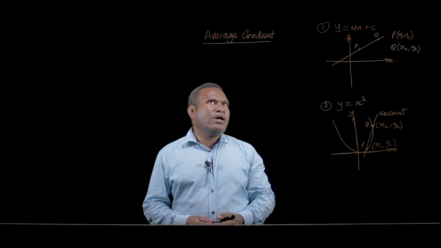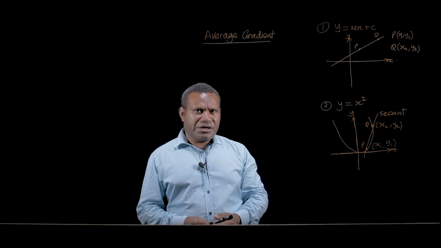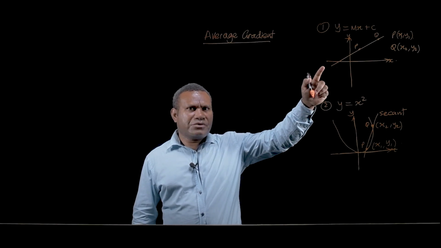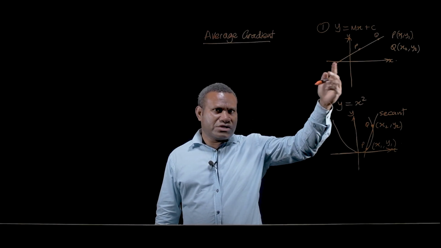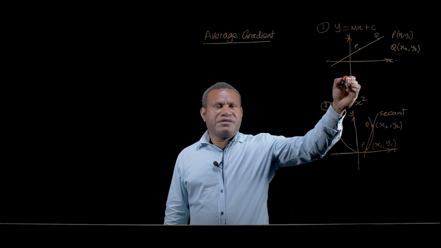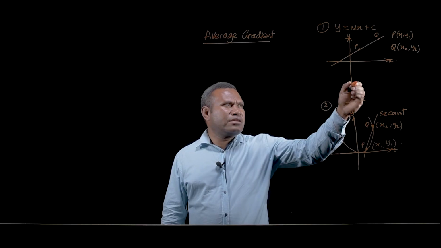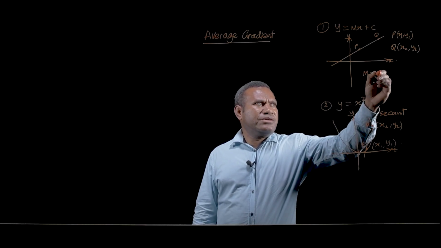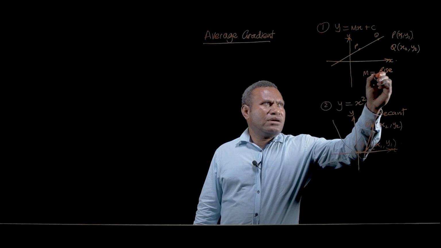Right, so this is how we have defined gradients. If given a straight line, we said a gradient can be calculated, which is a constant number. It can be calculated using the formula rise over run. The gradient m is equal to the rise over run.